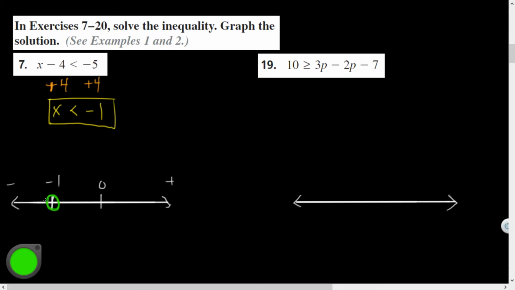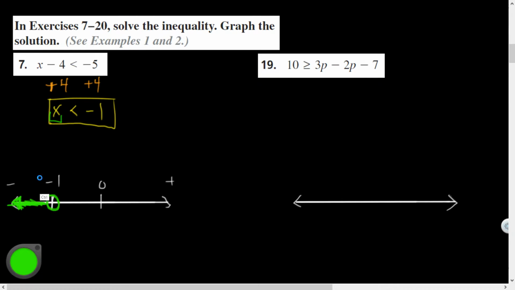All right. And less than would be everything to the left of it. So I'm shading it to the left. And remember, as long as you have your variable on the left-hand side of this inequality, the symbol itself will act like a little arrow telling you which way to shade.